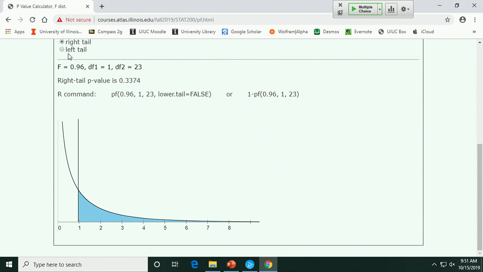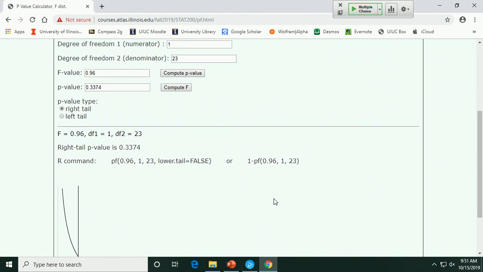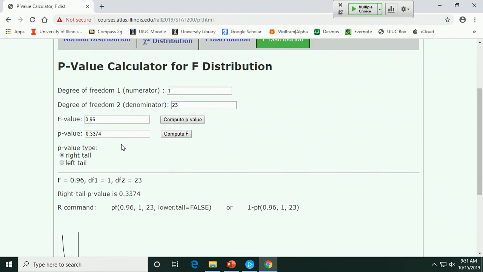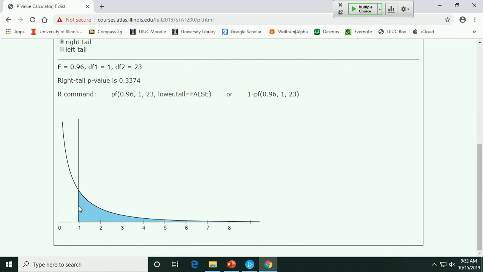So it's very asymmetrical. Our p-value right here is 33.74. About 34% of the curve is on this side.